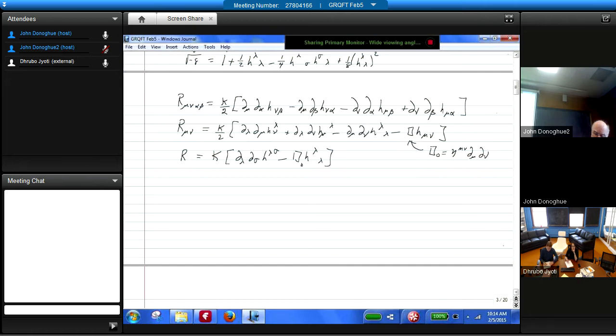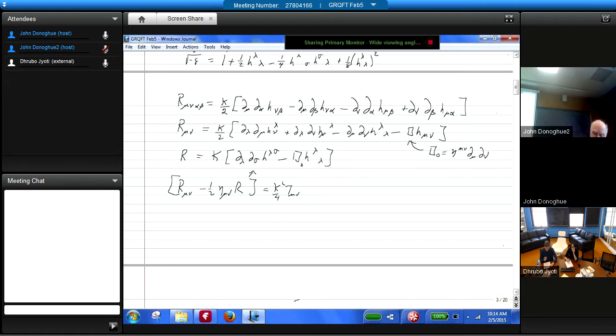All right. So without writing it all over again, we then have R_{μν} minus 1/2 η_{μν} R, where these follow from up there, and it's κ²/4 T_{μν}.